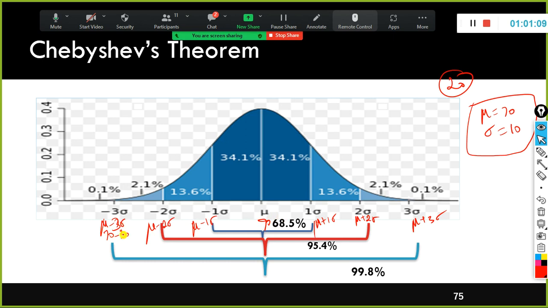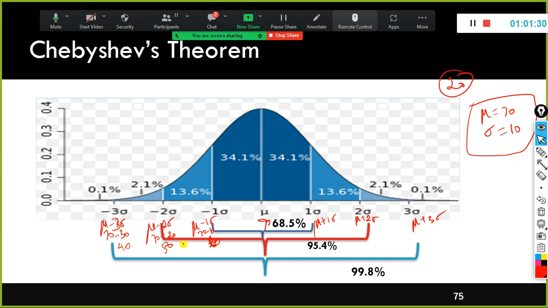Sigma is 10. 3 into 10 is 30. So here 70 minus 2 sigma is 20, which means 50. 70 minus 1 sigma is 1 into 10, 10, right? So you have 60 here. Sorry, it is 60. 60, 50, and 70 minus 30 is 40.